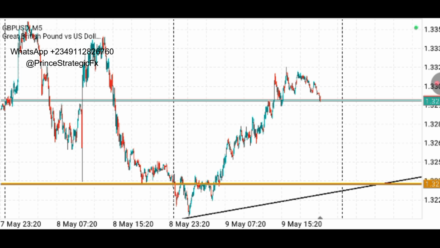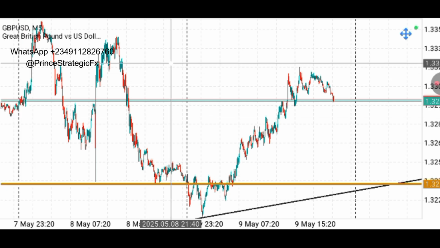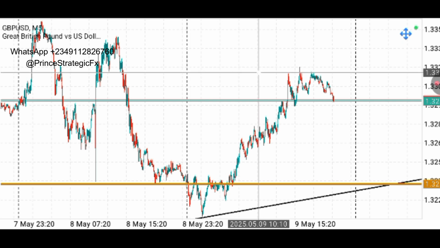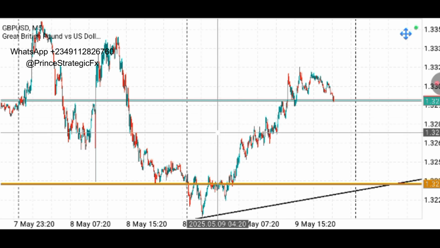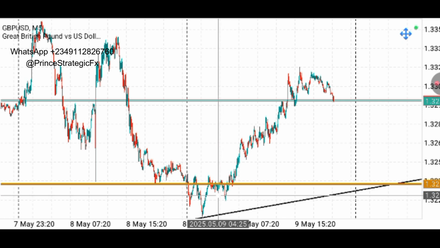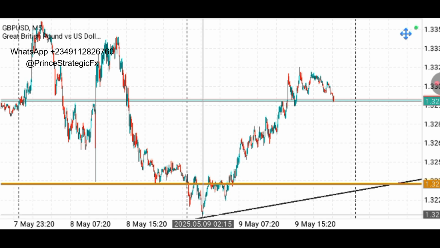You can also do what they call a test trend line. Before you use your trend line tool, you should use this crossbar tool, the same tool you're seeing on my screen. All you need to do is put it at the tip of a particular high or a particular low in the market.